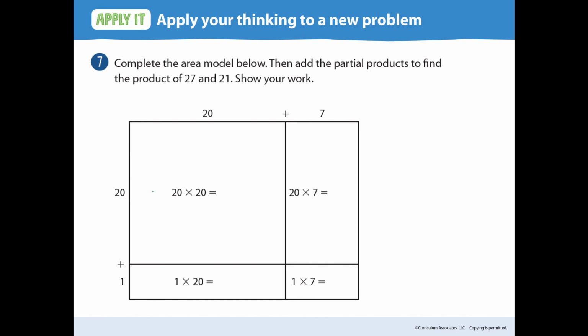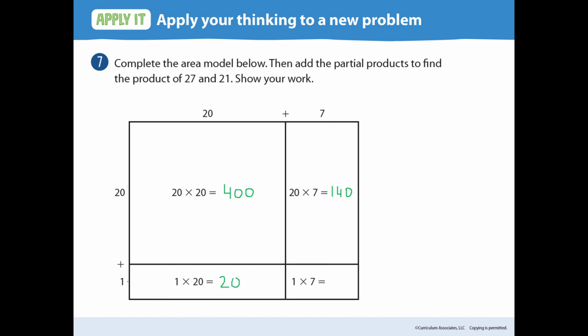Okay, hopefully you have this done in your workbook so we can check. We're going to multiply the sides of each square here. So we have 20 times 20, which equals 400. And then we have 20 times 7, which equals 140. 1 times 20, see it's this row in that column, is 20.